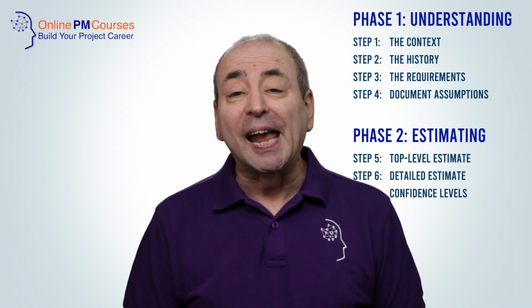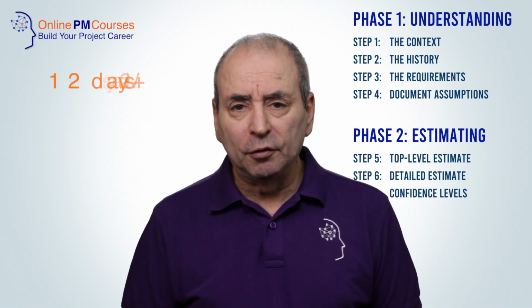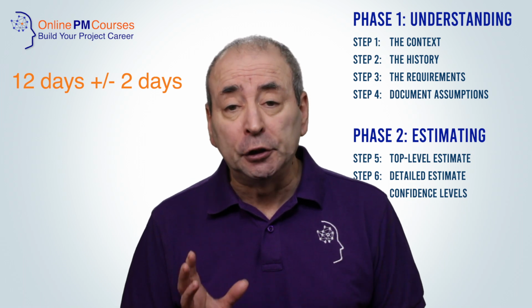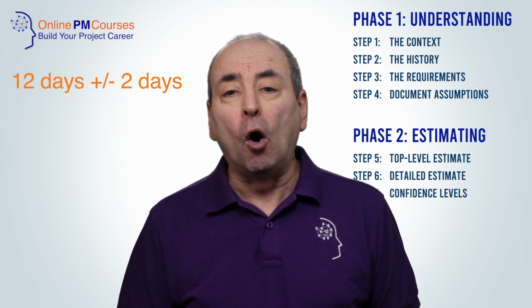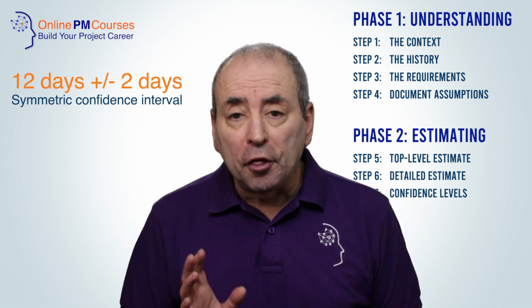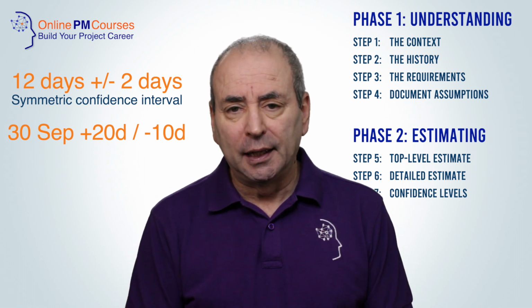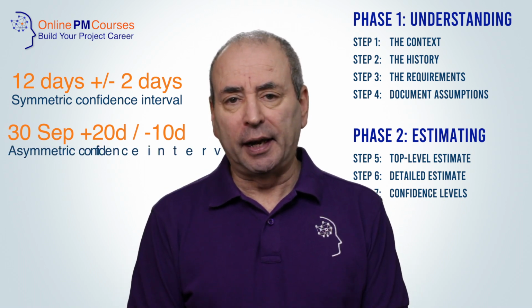We often express uncertainty or confidence as a range. A time estimate of 12 days plus or minus 2 days is an example of a symmetric estimate. A schedule estimate of 30th of September plus 20 days or minus 10 days is an example of an asymmetric estimate.